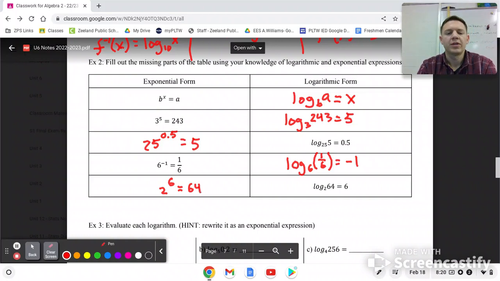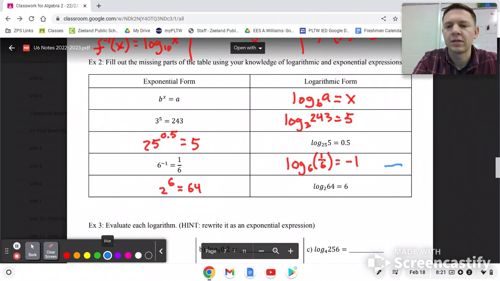All right. One thing you'll notice is that sometimes I've been writing what's called the argument of the logarithm in parentheses. You'll notice that on this one right there. I find it a little bit easier. Sometimes my handwriting is sloppy, and my numbers move up and down. So when I'm writing logarithms, for example, log base 6 of 1/6, especially when there's a fraction there, it can be kind of confusing if I don't take care of that.